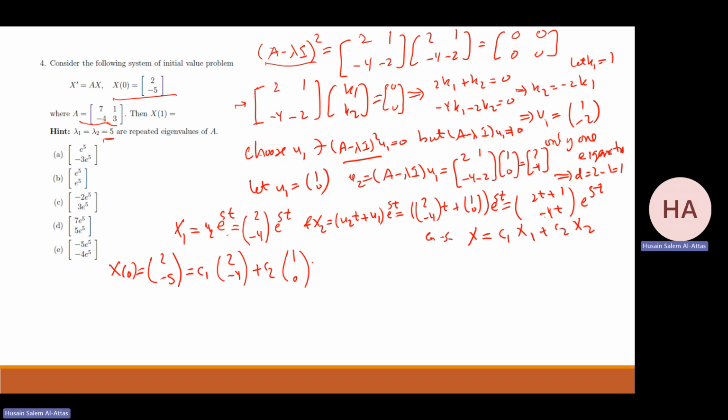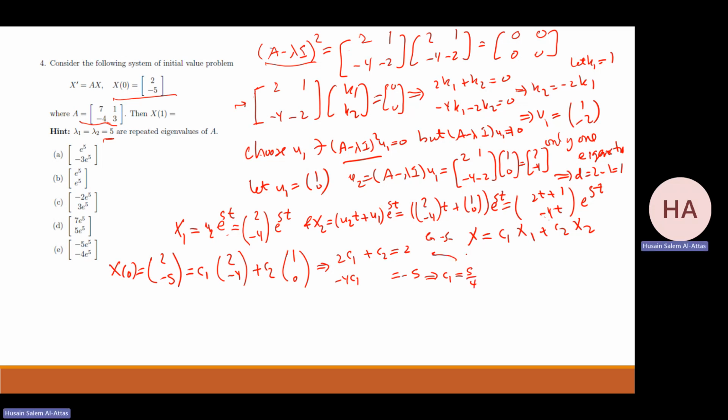So that implies I have 2c1 plus c2 equals 1, and I have -4c1 equals -5. What nice numbers. C1 will be 5 over 4.